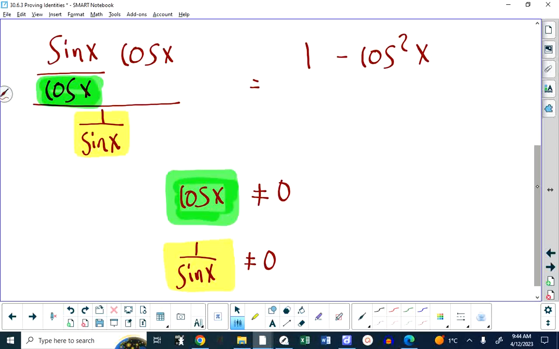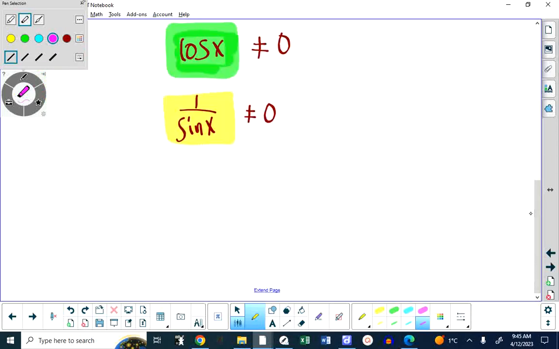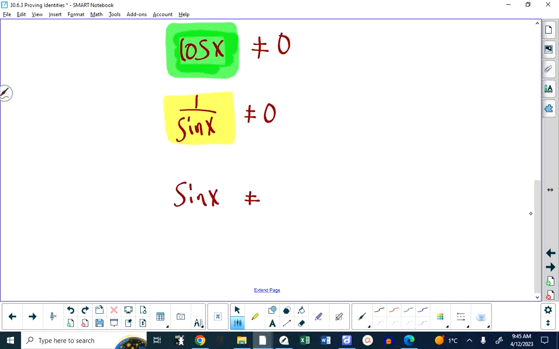Yes. What's the third denominator that's in this expression? Sine of x. Sine of x. This bottom piece, within this bottom piece, that is a denominator. So we have to now say that sine of x is not allowed to be 0.